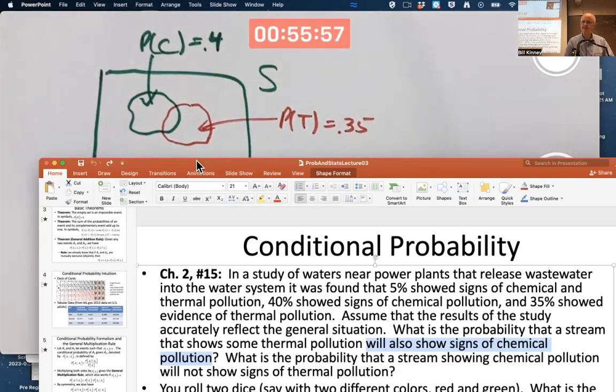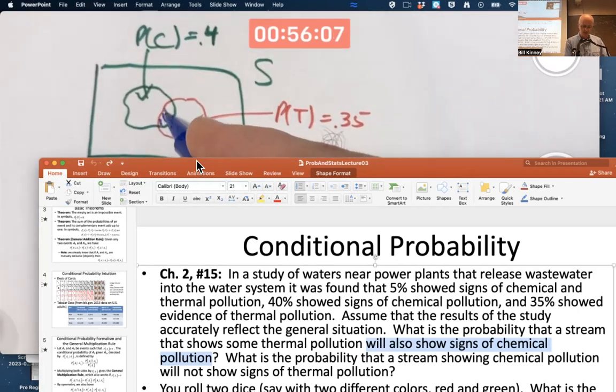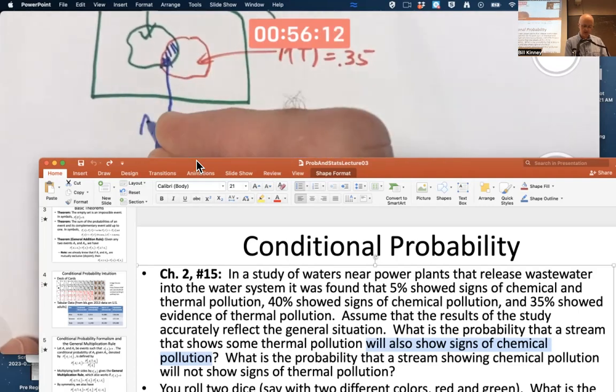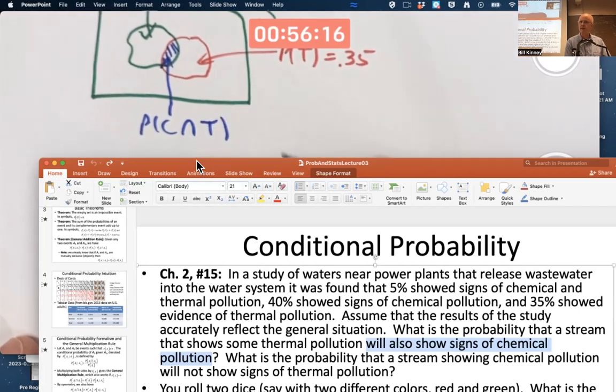That blob represents the event that there's thermal pollution in a randomly chosen stream, and its probability is 0.35. 5% of streams show signs of both. The probability of C and T, using the intersection symbol for and, is 0.05.